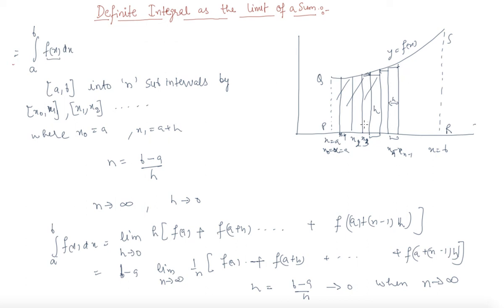Similarly, when you multiply by (b minus a) over n, the n comes here, and this is the total area that represents this integral.